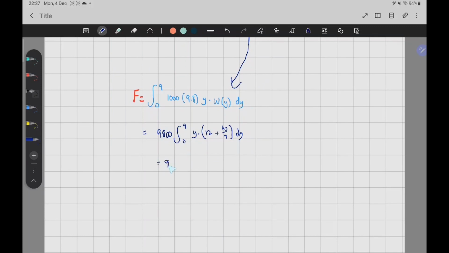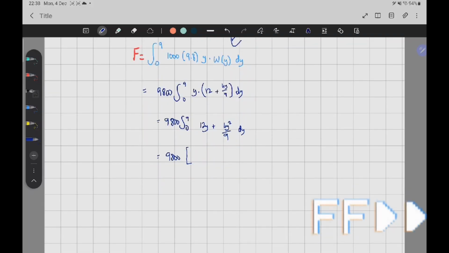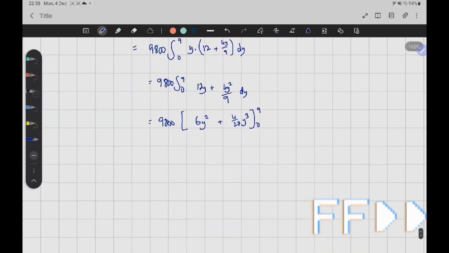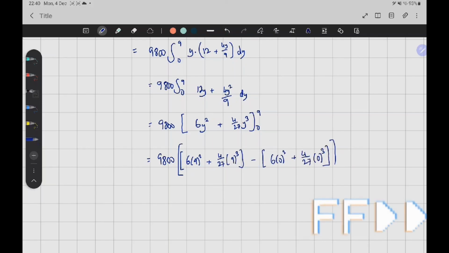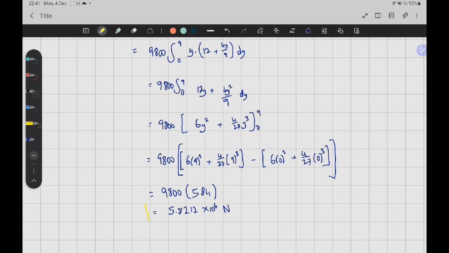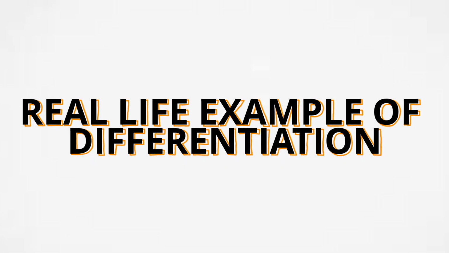Continuing with this, we have our final answer as 5.8212 times 10 to the power of 6 newtons.